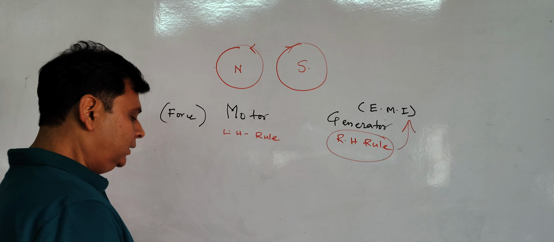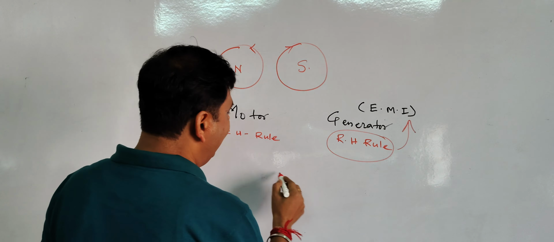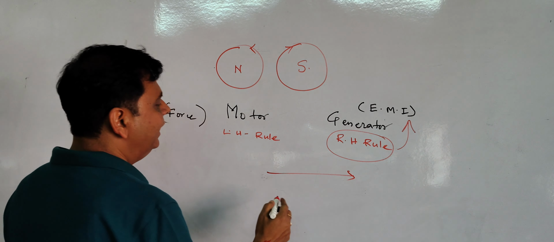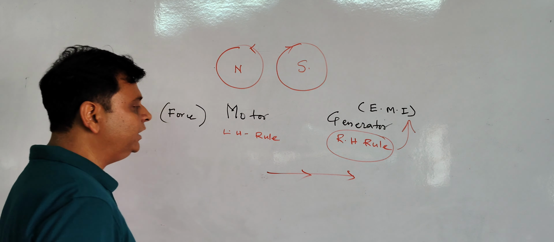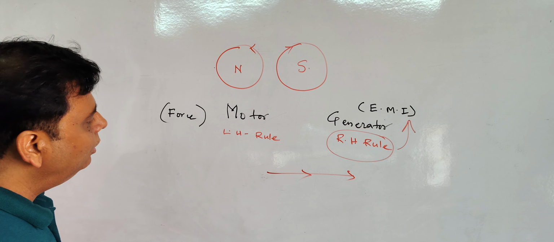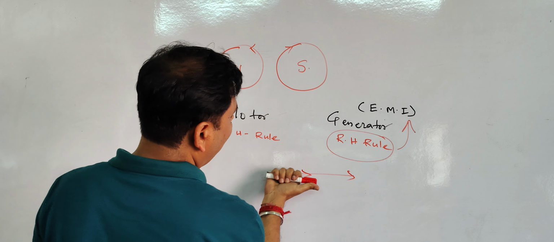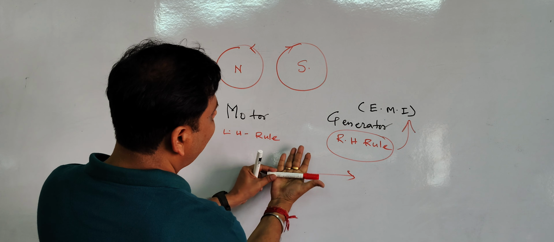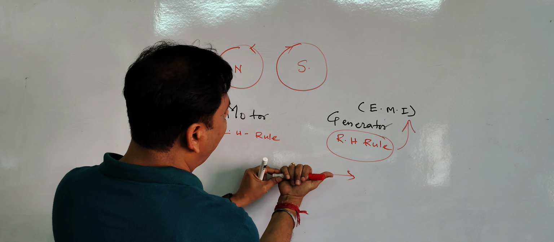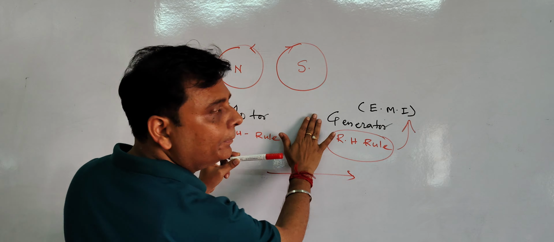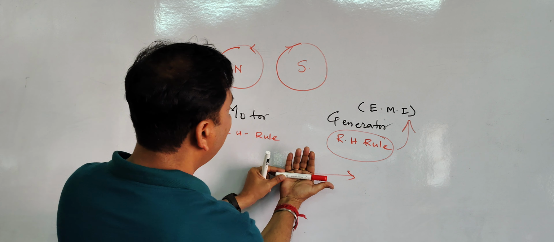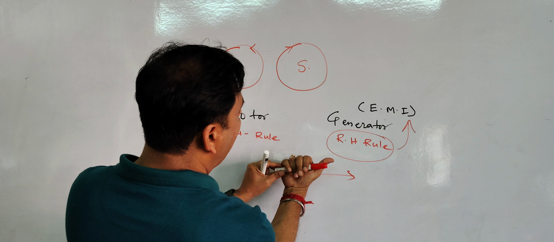Now suppose we have a wire like this, and current is flowing in this direction. If you want to find in which direction the magnetic field is, you can see my fingers curling. This board is the plane of the paper, so the field is coming outward, towards me.